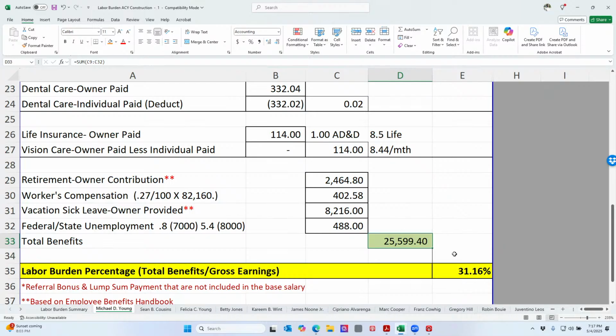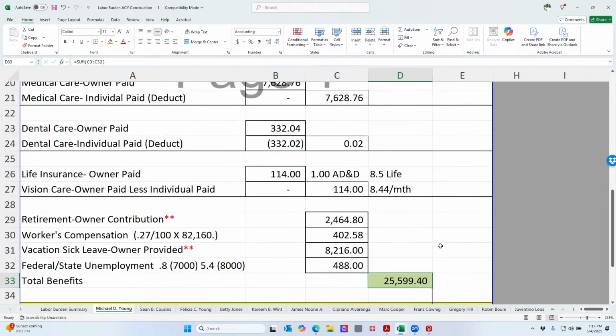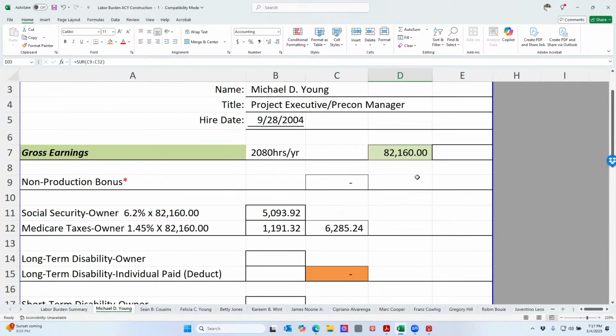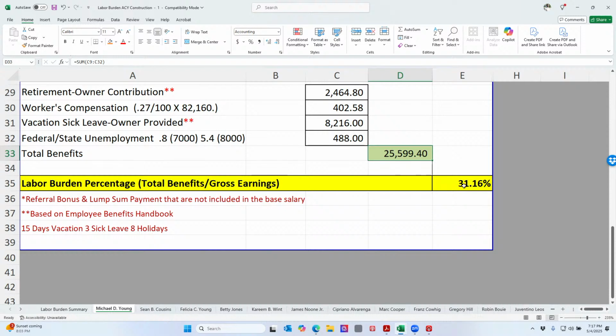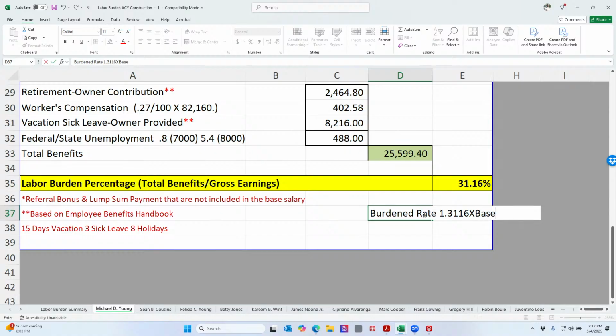If I take the $25,000, the total of all this stuff, and divide it by my base rate, it came up to 31%. So that means my burden rate is 1.3116 times whatever base it is. Make sense?